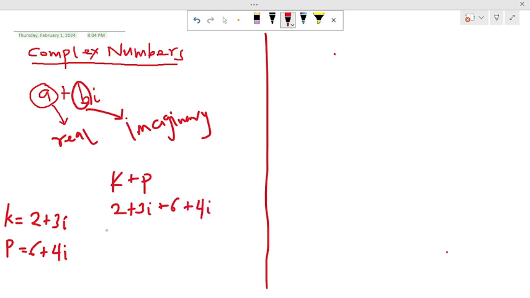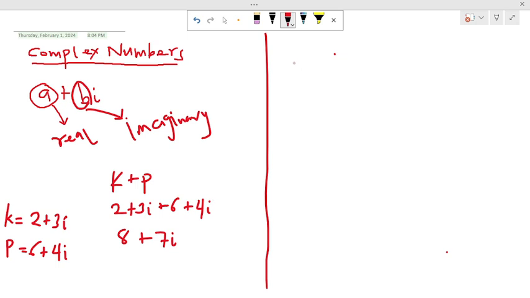Now, if you are adding complex numbers, you are supposed to add the real part to real part and imaginary part to imaginary part. And so you cannot add these two to an imaginary part like 4i. You are supposed to add these two to a real part like 6. And so for this question, we will add 2 to 6 and 3 to 4. So we are going to get 8 plus 7i.